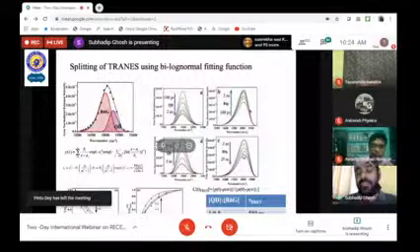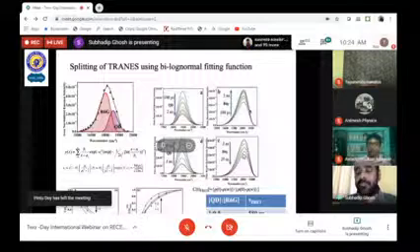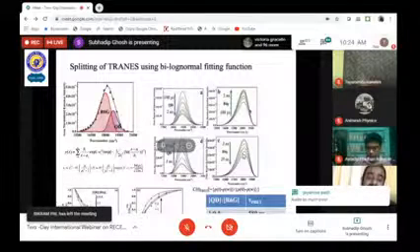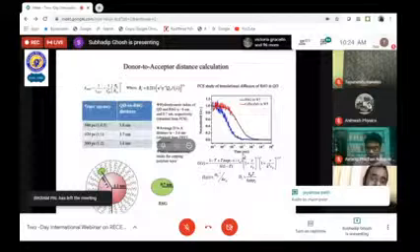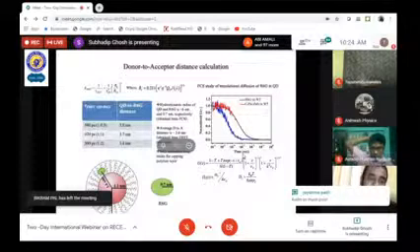So the next step is finding the donor-acceptor distance, because we know FRET is used as a molecular ruler. Obviously it is of common interest to measure the donor-to-acceptor distance from the FRET time scale.